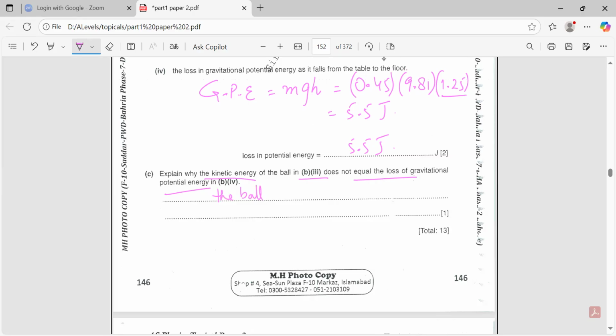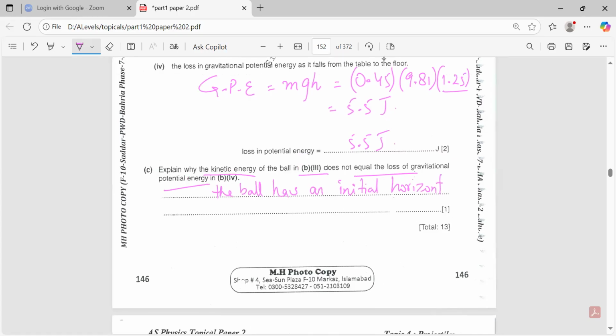The ball has an initial horizontal velocity. So due to this, all of the gravitational potential energy is not converted. All of the kinetic energy is not equal to the gravitational potential energy.